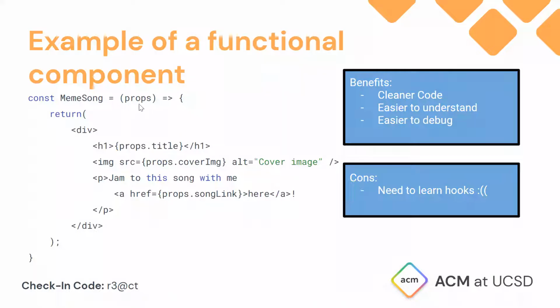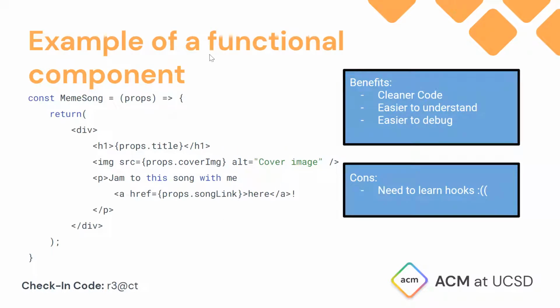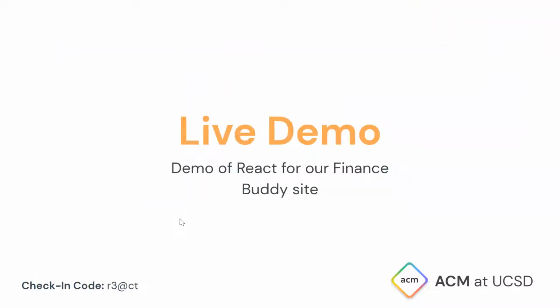You can think of it like a function, because JavaScript is like a function with the parameter as props. You're going to get the title from the parameter, the cover image, and the song link. And I'll cover props more in detail at the end, so you understand more about this then.